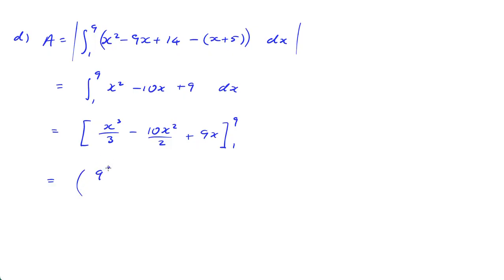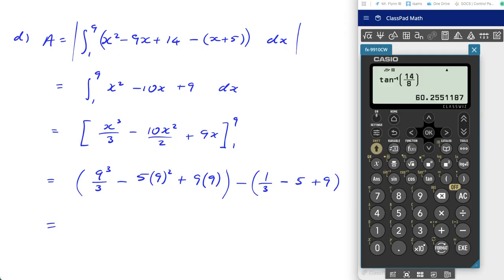Sub in the 9, that's 9 cubed over 3 minus 5 times 9 squared plus 9 times 9, subtract, sub in 1 over 3 minus 5 plus 9, close this, and I'm just going to do this on the calculator, guys, because this is too much work.